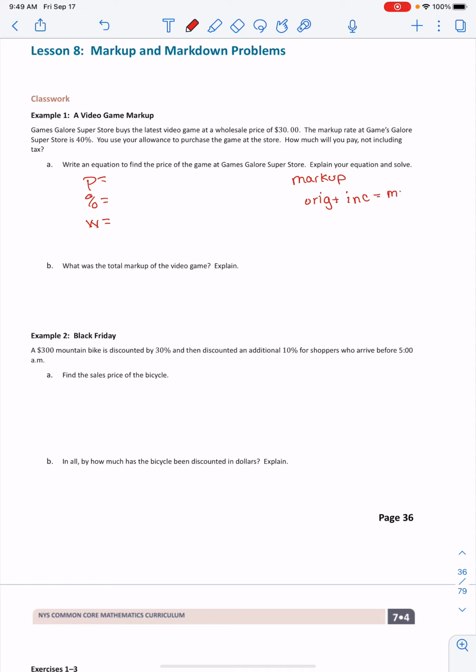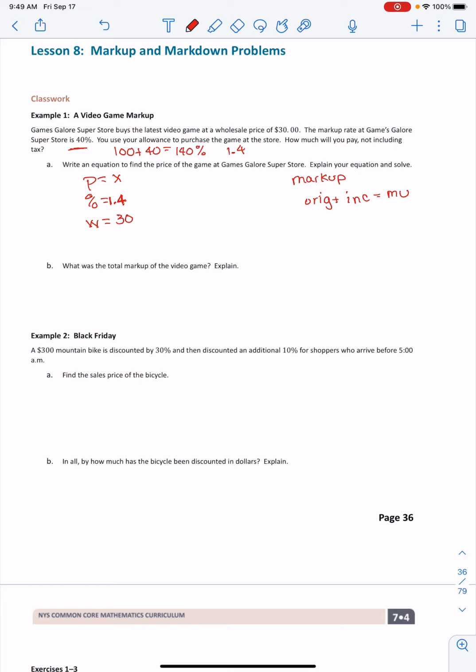So here we have X. Here we have the store marking it up 40%. So it's the 100 plus the 40, which is 140%, which is 1.4. So we have 1.4, and then we have 30.